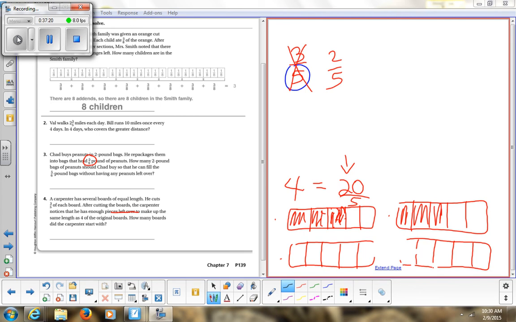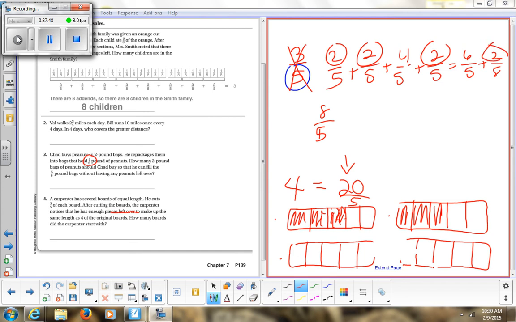Okay, so basically if you skip count 2, 4, 6, 8, 10, 12, 14, 16, 18. Okay, so you're just skip counting. 2 plus 2 plus 2 is 6.